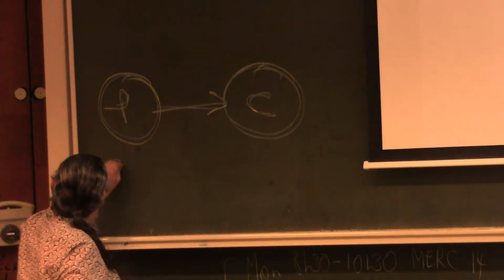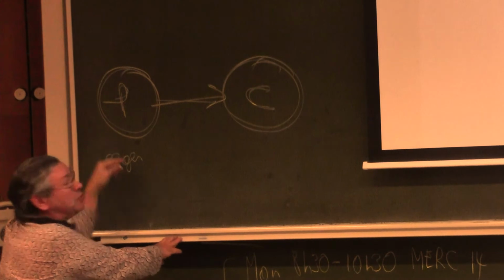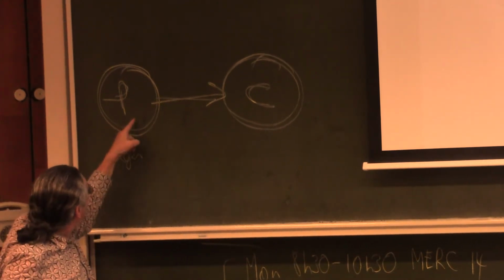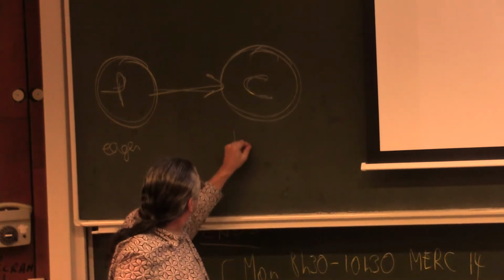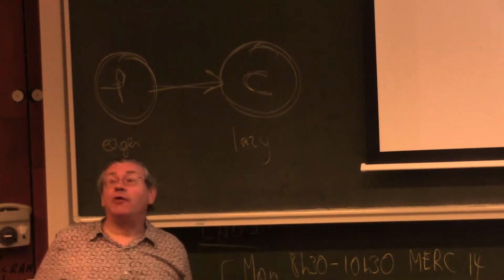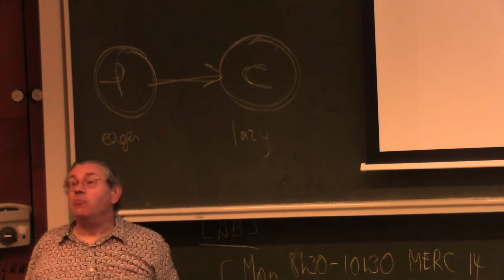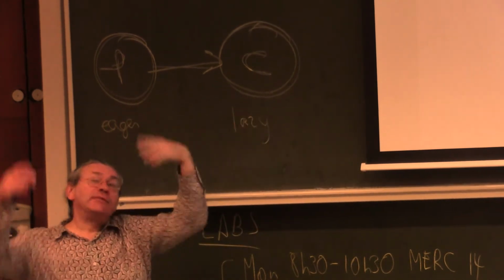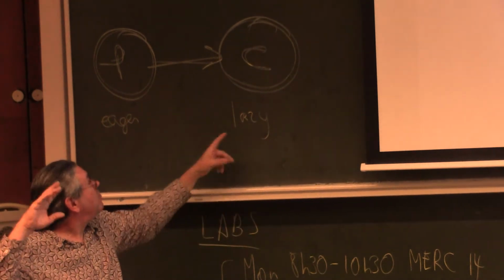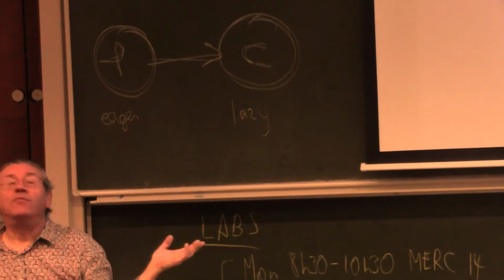In the eager computation, the producer is the boss. The producer decides how many elements. But in the lazy computation, the consumer is the boss. The consumer decides how many elements. If the consumer wants an element, he asks for it. If he wants nothing, nothing is done.